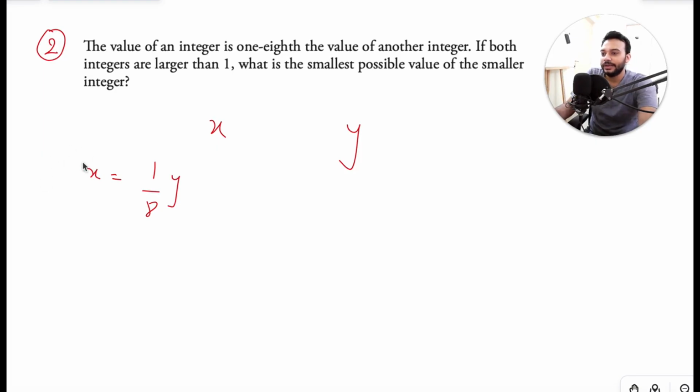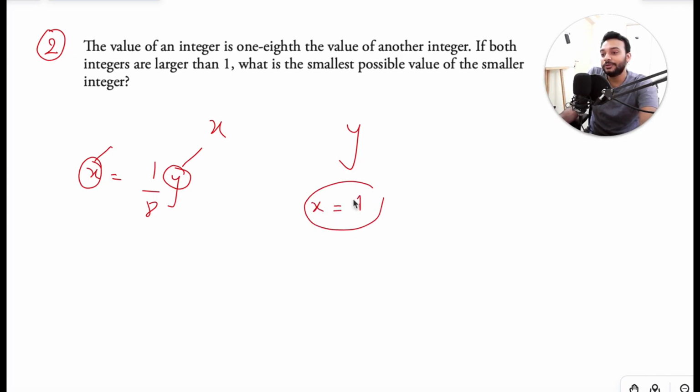Okay. So the smallest possible value of X, because X is the smaller one, it is 1/8 the value of the bigger integer, the value of Y. So what could be the smallest possible value for X? It is 1/8 of something and both are integers larger than 1. So the smallest possible value of X could be 1, which is not allowed.